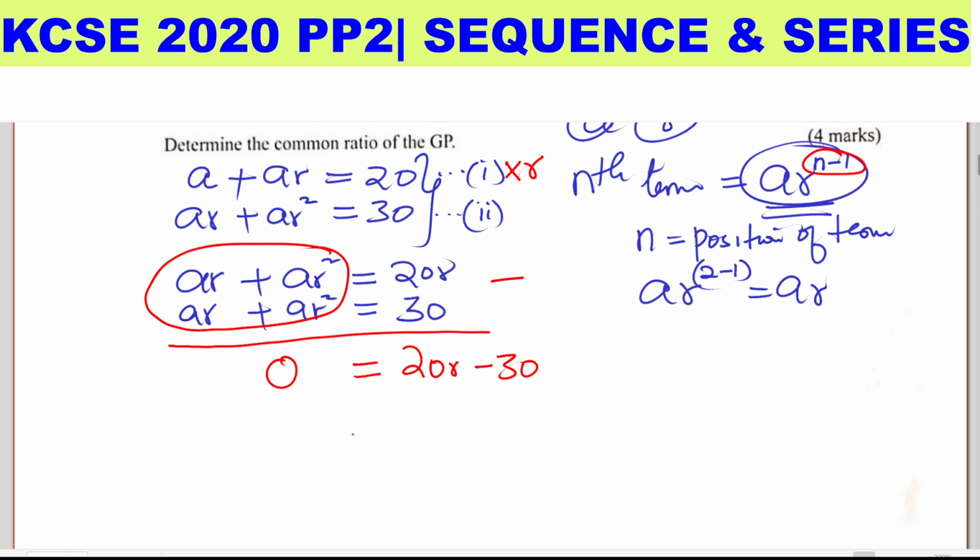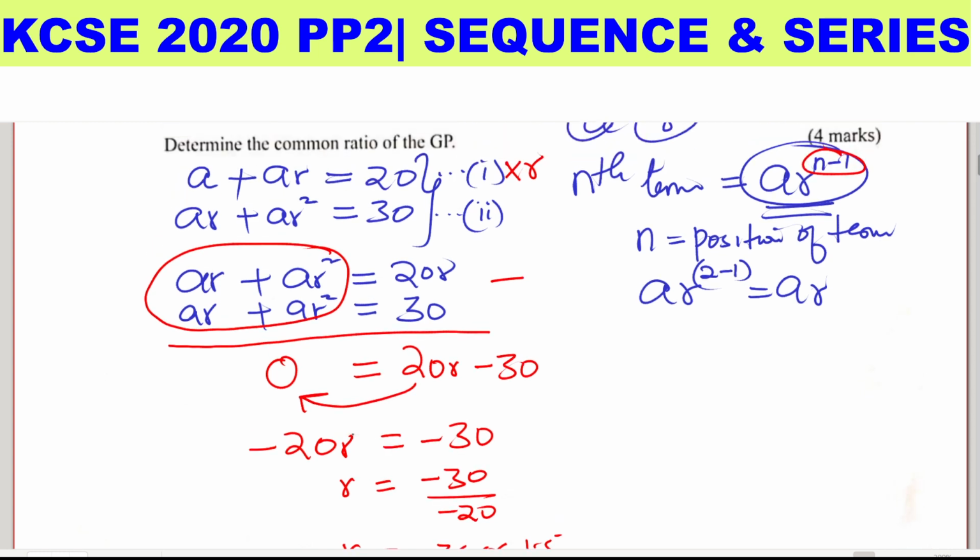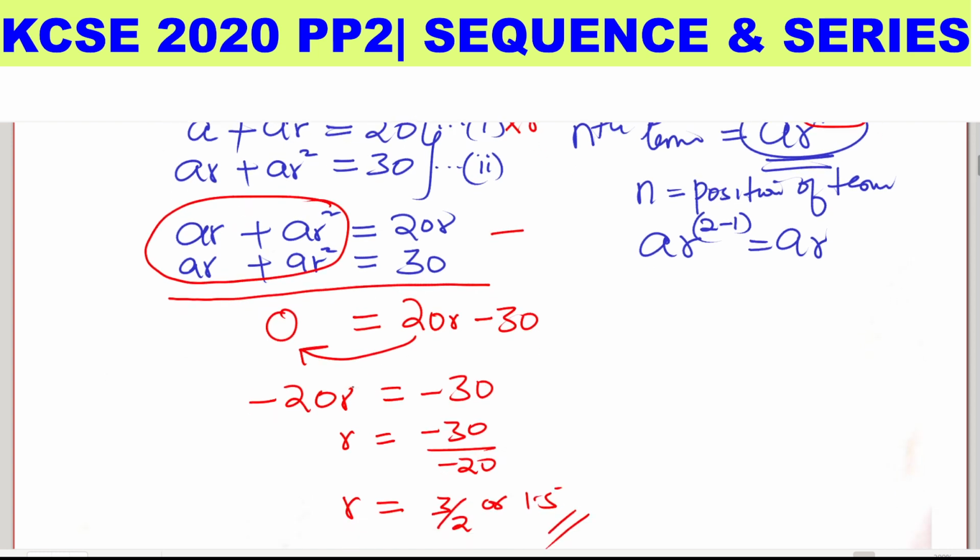If you bring this onto this side, you get negative 20R is equal to negative 30. If you divide both sides by negative 20, you get negative 30 divided by negative 20. This gives the common ratio as 3/2 or 1.5. So that is simply how you get the common ratio of the GP.